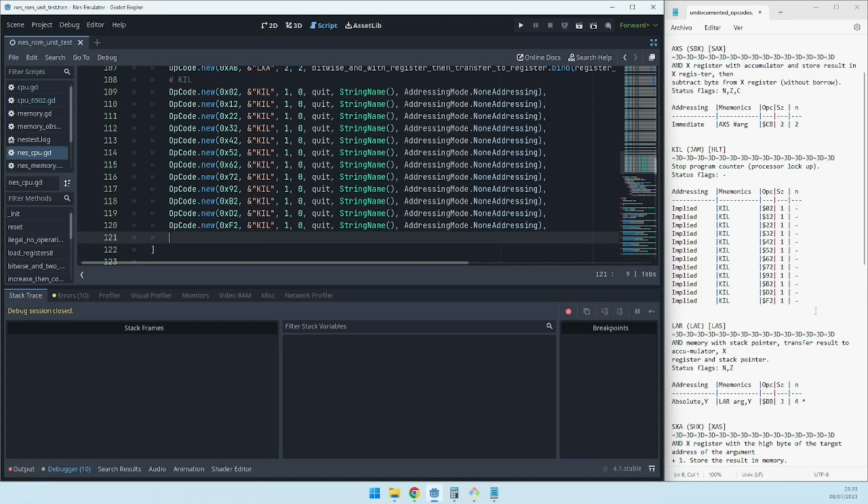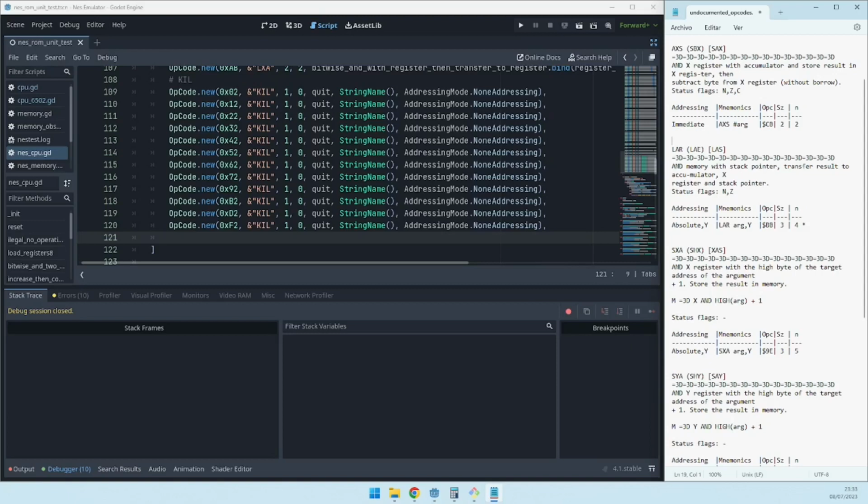So we have the kill instruction, and add memory with stack pointer, transfer result to accumulator, X register and stack pointer. I will not do that. So what is this?